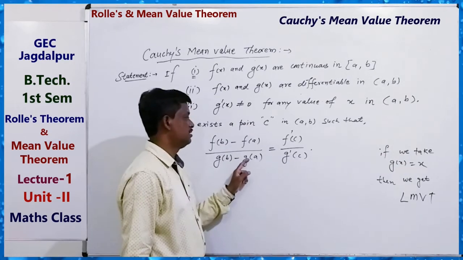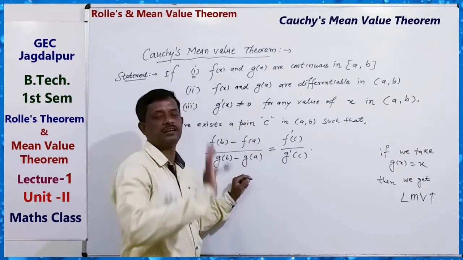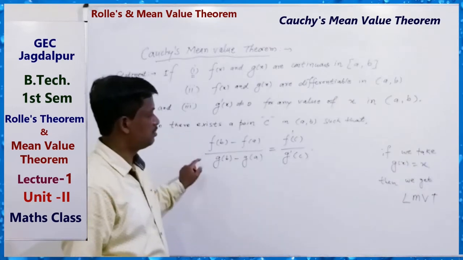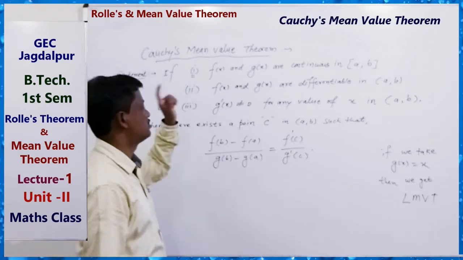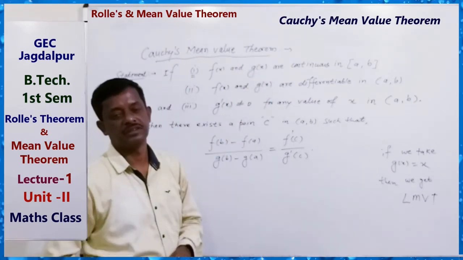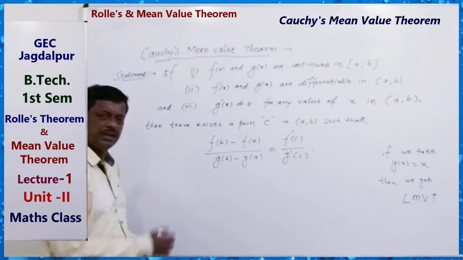So it is just like the Lagrange mean value theorem. So the Lagrange mean value theorem is a particular form of this Cauchy mean value theorem. For Cauchy's mean value theorem, there are two functions. This is the statement; just remember it. It can also be proved.